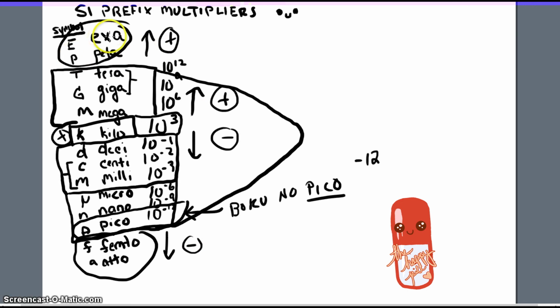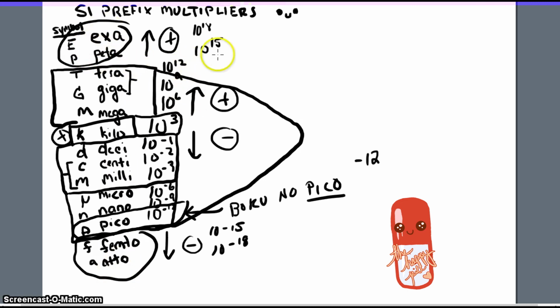So peta and exa would be 10 to the 15th and then 10 to the 18th, while femto and atto would be 10 to the negative 15 and 10 to the negative 18. I really don't have anything to memorize peta and exa and femto and atto. I guess like PE and FA, you could just memorize those.